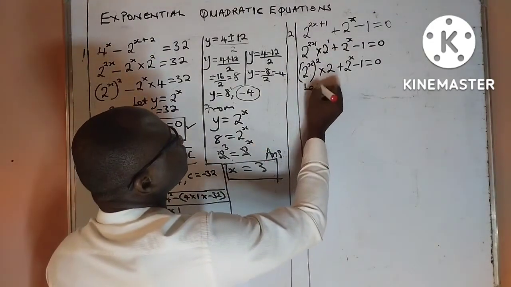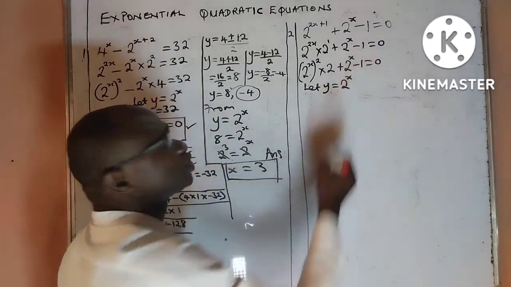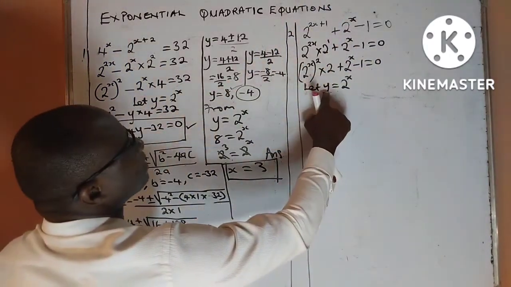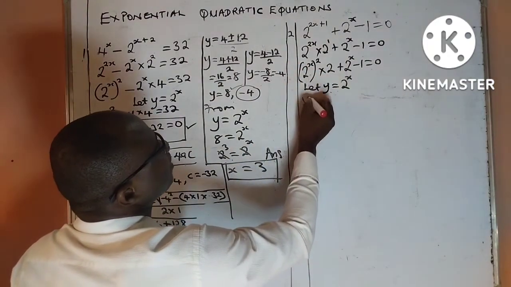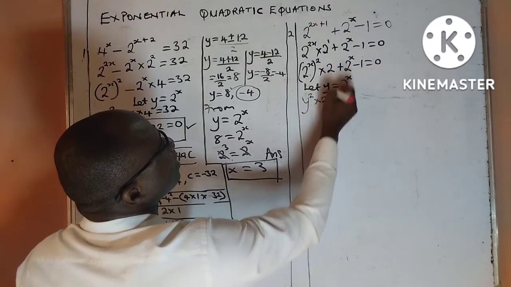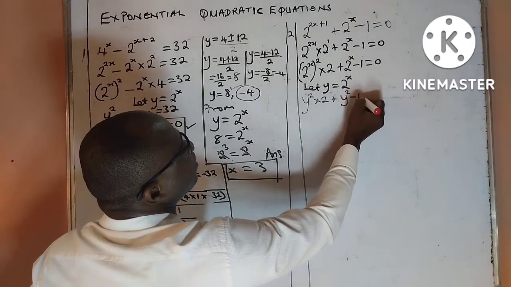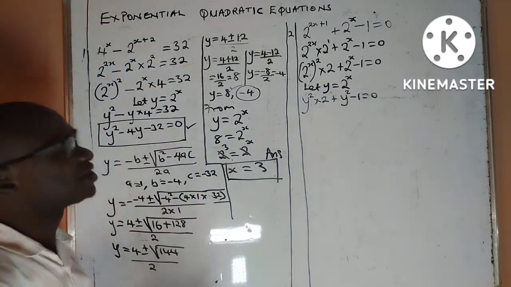So, let y be represented by 2 raised to the power x. Applying that, I will replace this place with y. It will now give me y raised to the power 2, then times 2, then here will be plus y raised to the power 2 minus 1 equal to 0. So it is now almost like a quadratic equation.